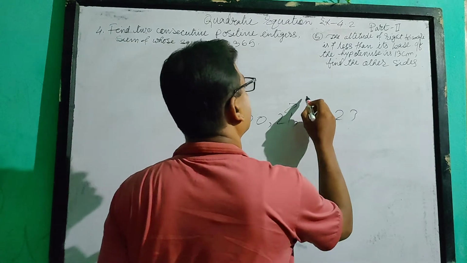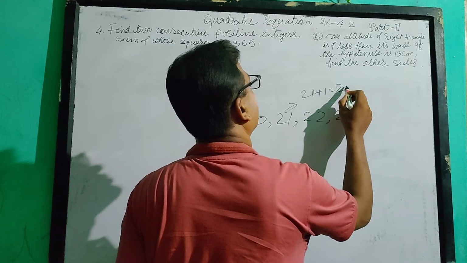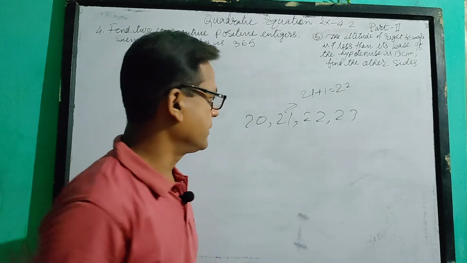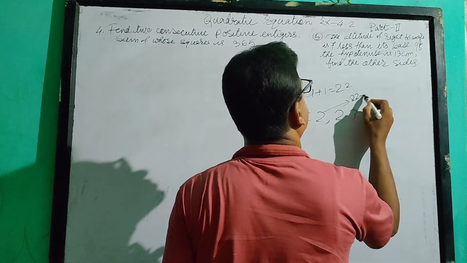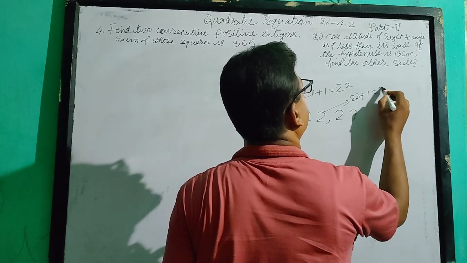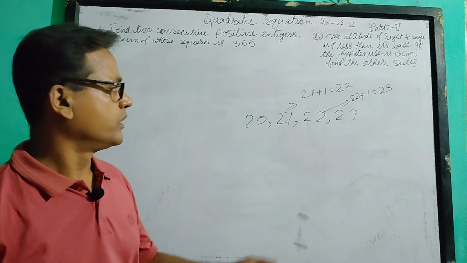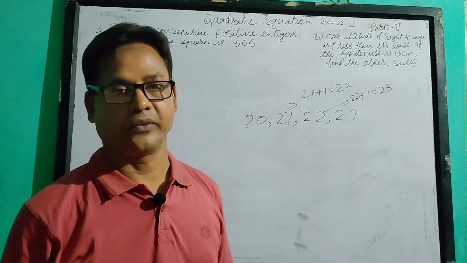The other number will be 21 plus 1, that comes 22. Then the next number will be 23, which means 22 plus 1. Next number, 24, means 23 plus 1.